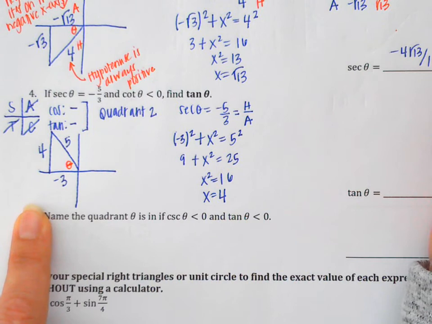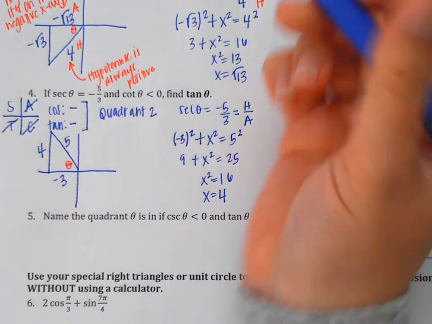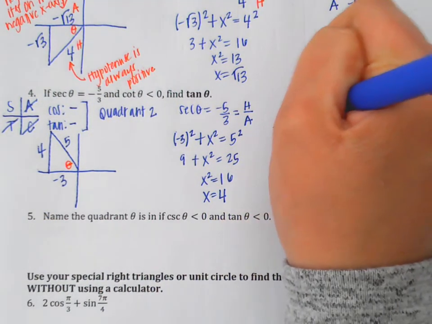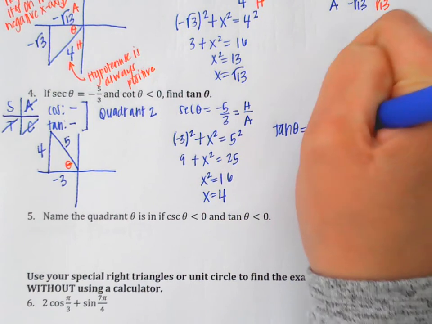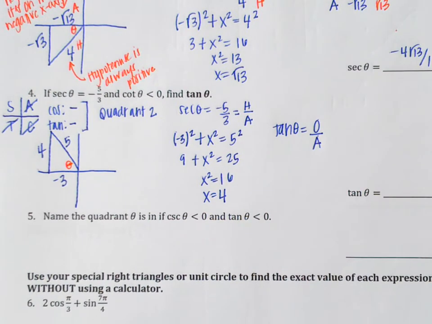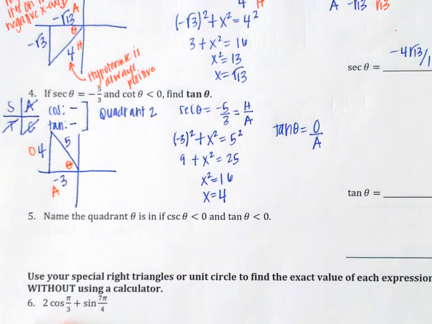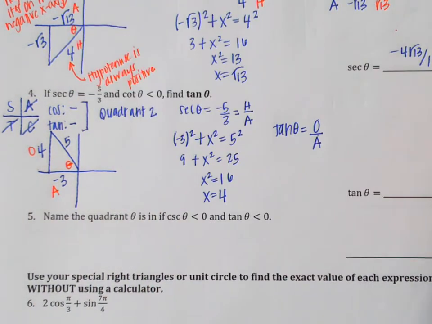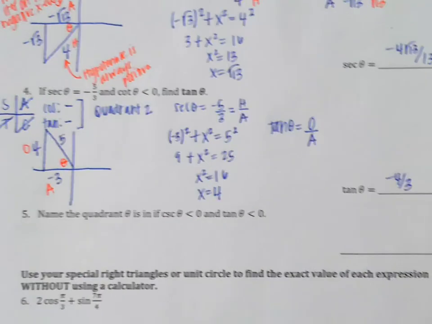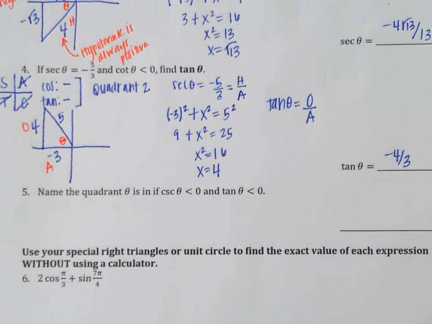So tangent, remember, tangent is opposite over adjacent. So my opposite is 4. My adjacent is -3. So tangent theta is going to be -4 over 3. And that is it for 4.